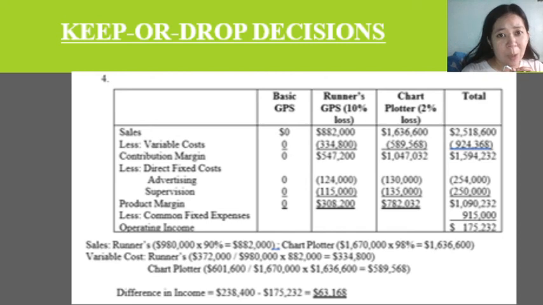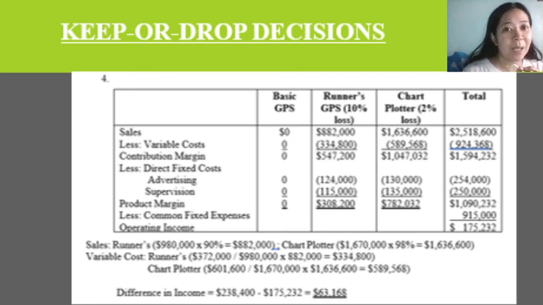So their product margin also dropped to 782,032. The main difference between the existing and this one in terms of operating income is a difference of $63,168. Before, if the company keeps the basic GPS, although it's running at a loss, we still have an operating income of 238,400.